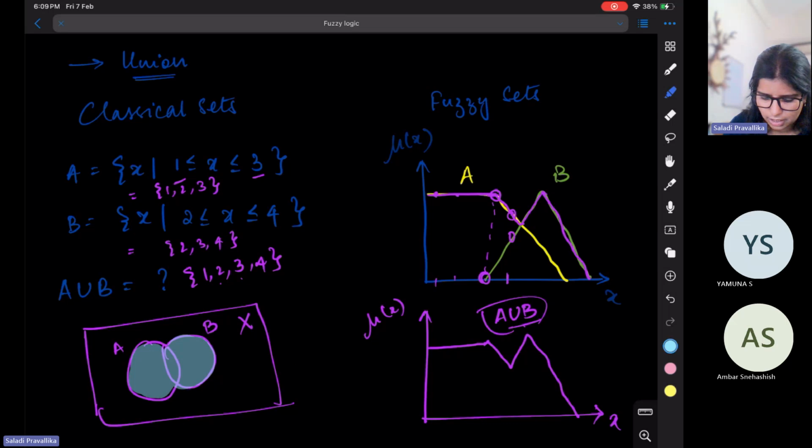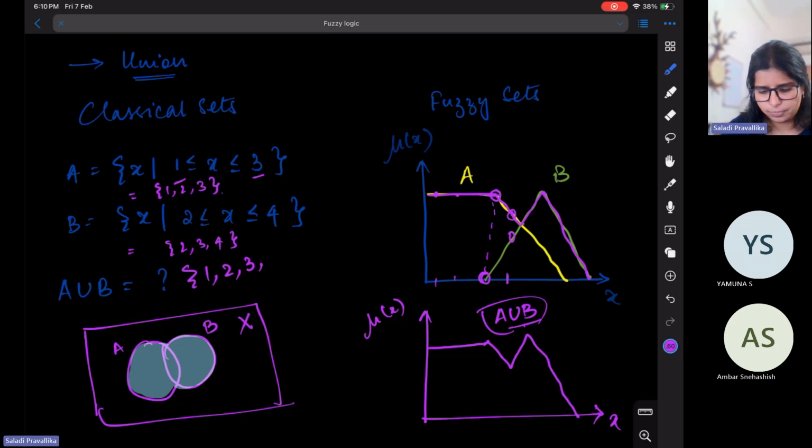So all the elements in this blue area, it's looking green, are nothing but a union between A and B. So if we were to write A and B together, let us first write all the elements from A. It is 1, 2, and 3, right?